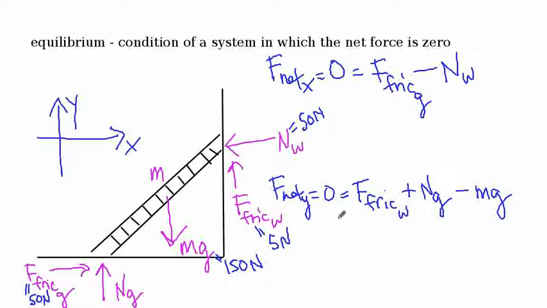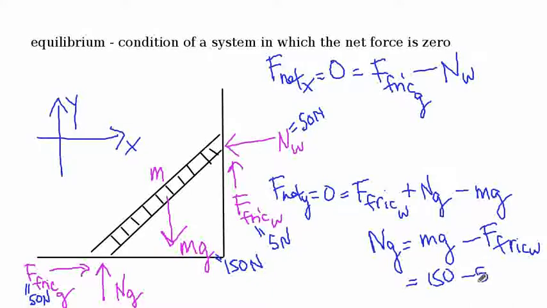Then using that, let's say we wanted to find the normal force from the ground on the ladder, so we can solve for N_g. Shuffling the y component equation around, we would get that N_g is equal to mg minus the frictional force of the wall. So that would be 150 minus 5, so 145 newtons. All right, that's how that works.